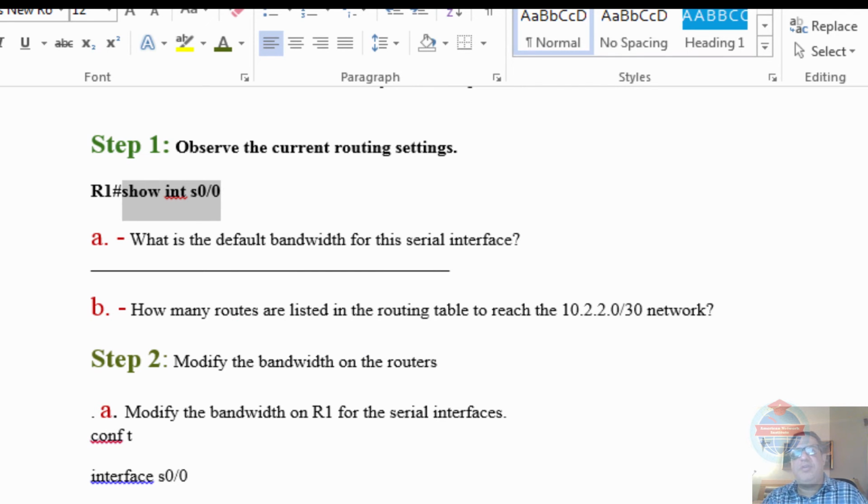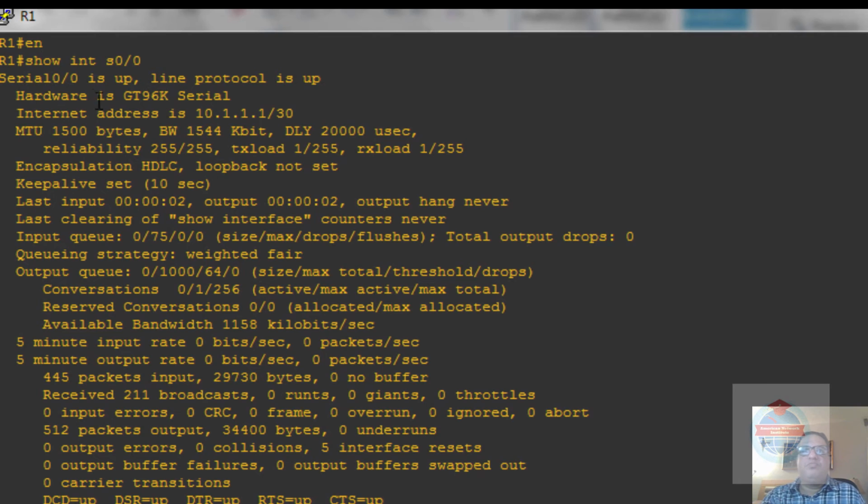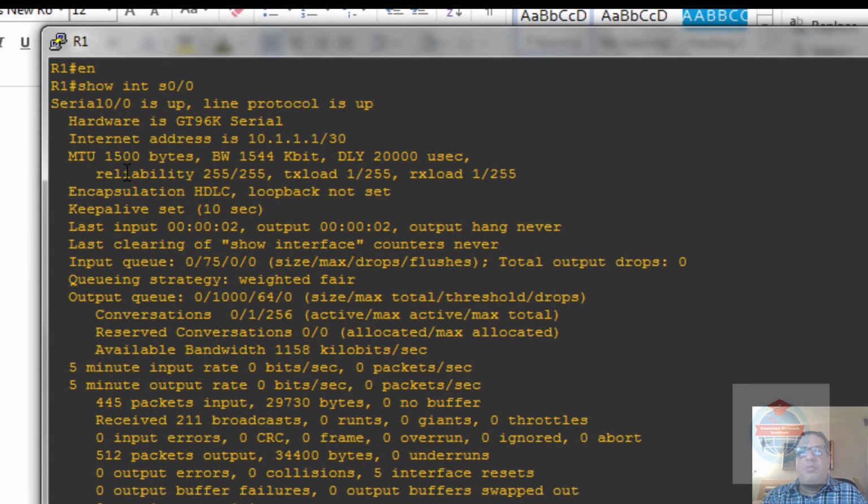So we're taking the correct setting over here, guys. When we put show interface S0/0, the MTU 1500, the bandwidth 1544 kilobits, the delay 20,000, reliability, and all the rest of the information.